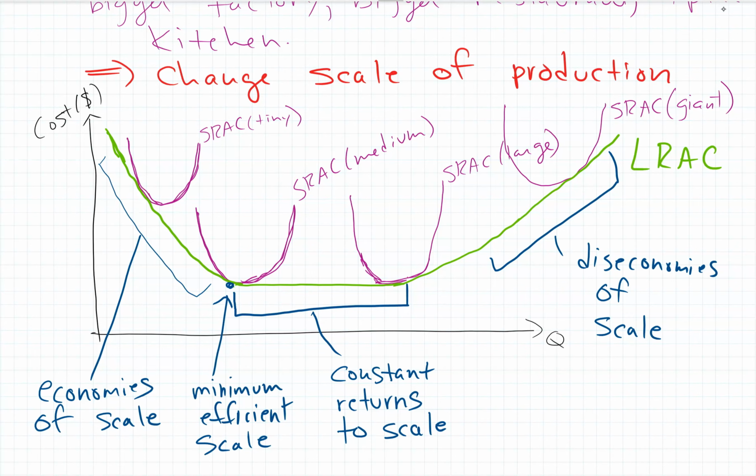Just to keep a restaurant example going, your restaurant gets so big that the distance from the kitchen to the dining area is so large that the transportation of the meals from the back to the front takes too long, and by the time it reaches the table, the food is cold, right?